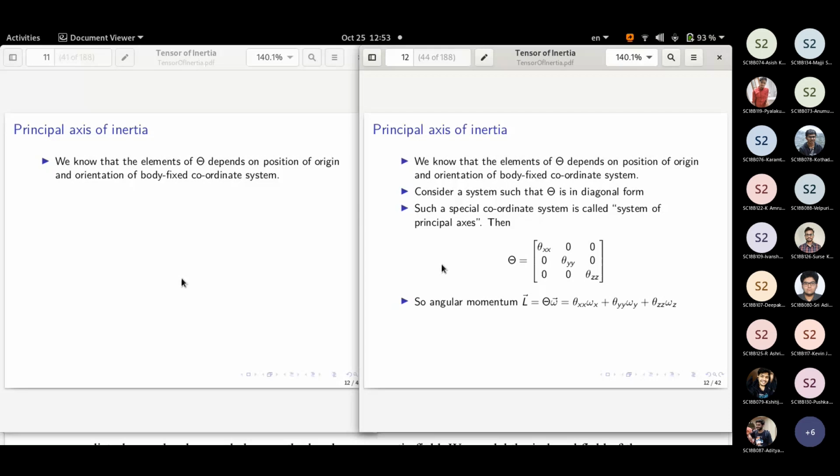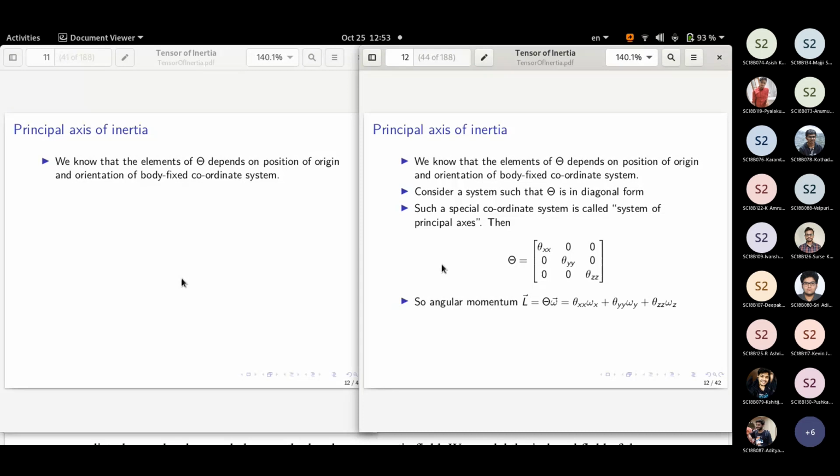Whenever the tensor of inertia matrix has a diagonal form, the coordinate axes are called the principal axes. The coordinate axes in which the tensor of inertia matrix has the diagonal form are called the principal axes of the system, or the system of principal axes.